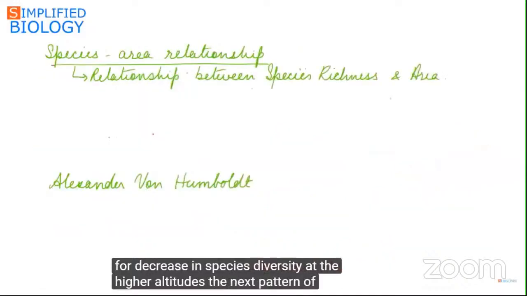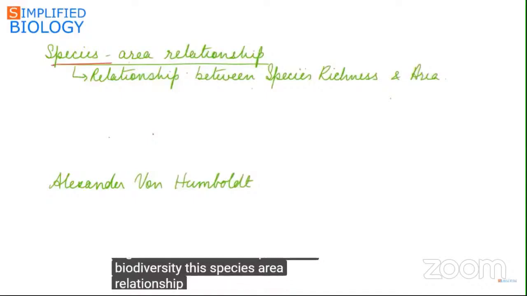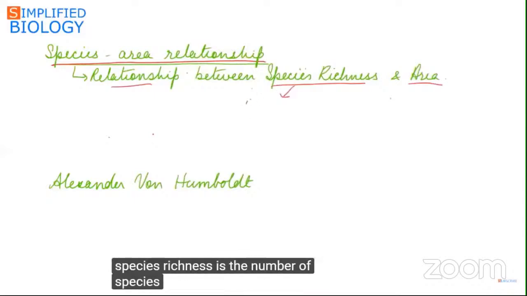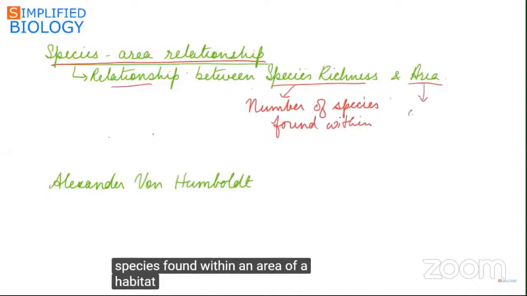Now, the next pattern of biodiversity is species area relationship. It is the relationship between species richness and area. Species richness is the number of species found within an area of a habitat.